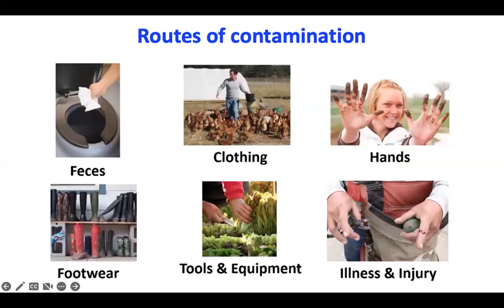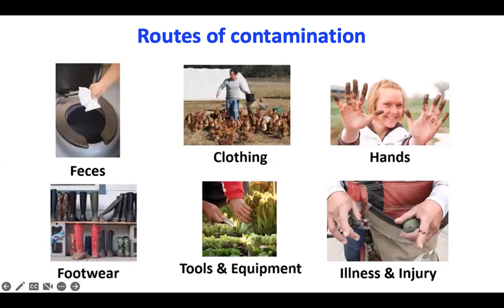So think about it, growers or facilities may have those things on their farms or facilities. As you can see there, there's feces on the toilet, not sanitized, not a clean toilet. When you touch it, it becomes a fecal-oral source. Clothing also matters: that guy is feeding the chicken and may contaminate his clothes with those feces, and then when he goes to collect the fresh produce behind him in that greenhouse, it could be a route of contamination.